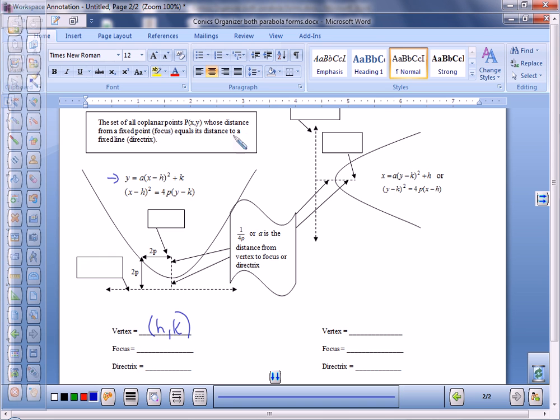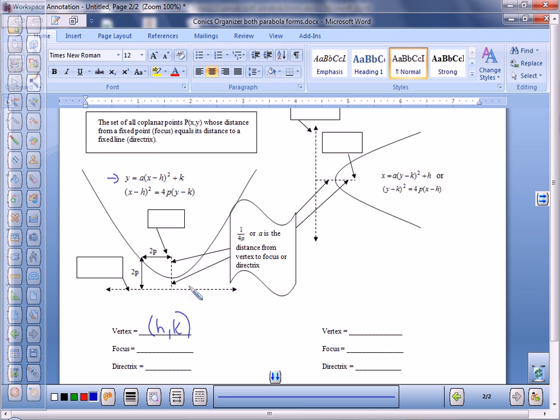So let's think about what the actual definition of a parabola is. We're not thinking about a quadratic function, we're thinking about a parabola. A parabola is the set of all coplanar points, that just means they're in the same plane, whose distance from a fixed point called the focus is equal to the distance from a fixed line called the directrix.